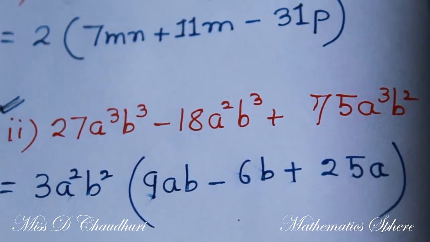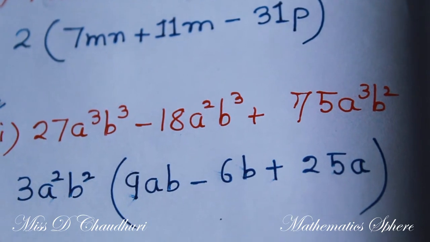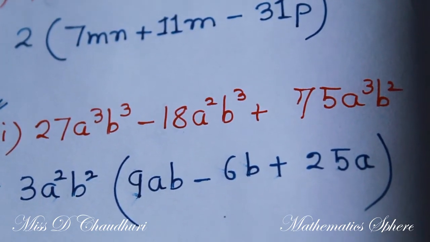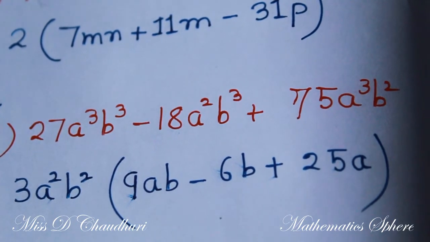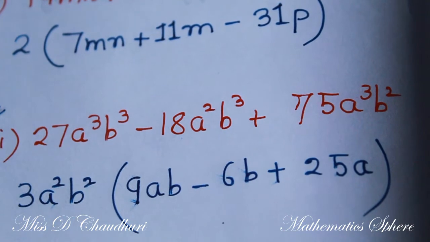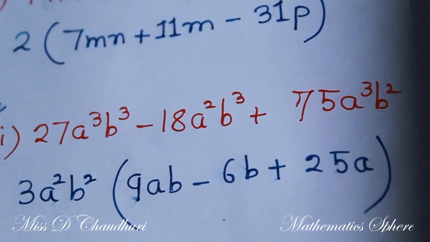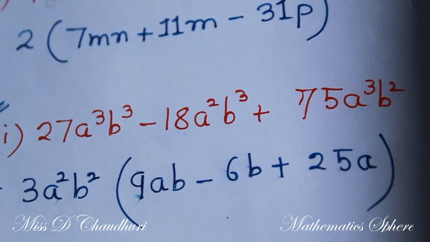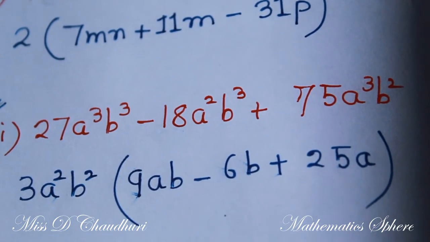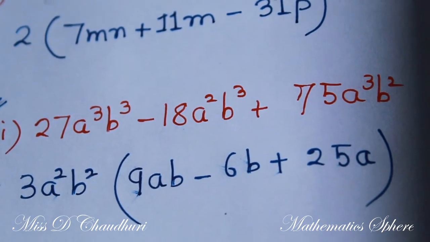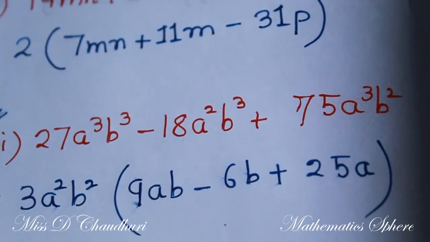Now what are the remaining ones? Out of 27 we have already taken out 3, so 9 will be remaining. From a cube b cube, a square and b square have already gone out, so we are going to keep a and b here. Now minus, out of 18 3 has already gone out, so 6 will be remaining. Out of a square b cube, a square is already out, and out of b cube, b square is already out, so b will be remaining.